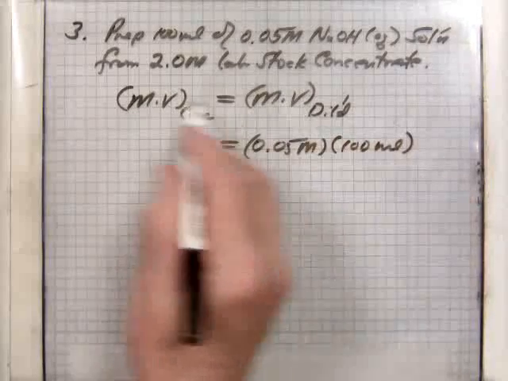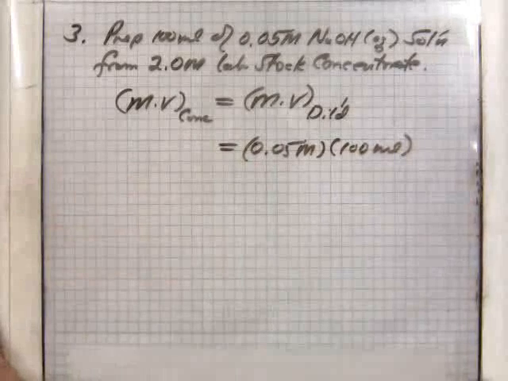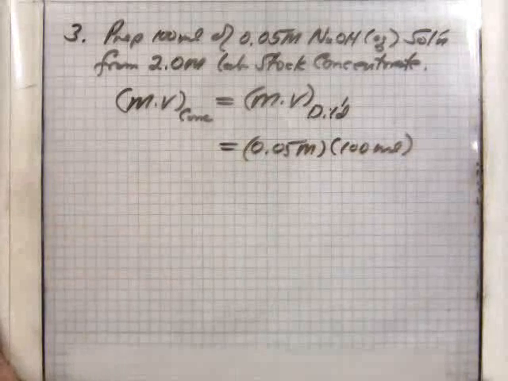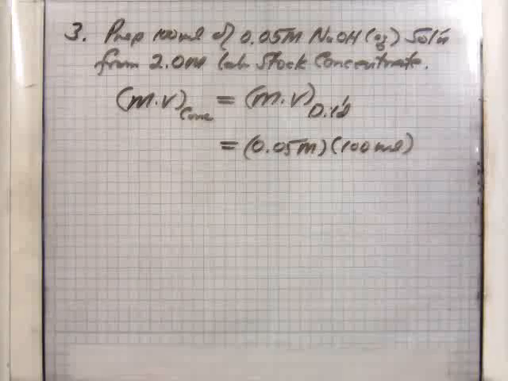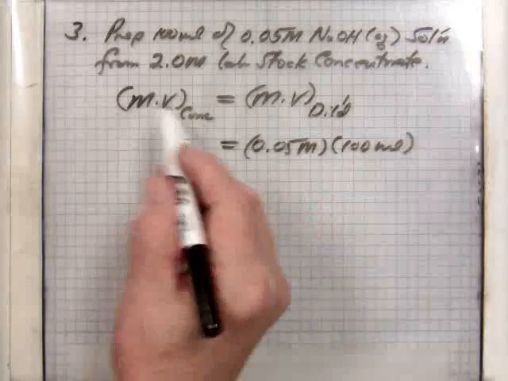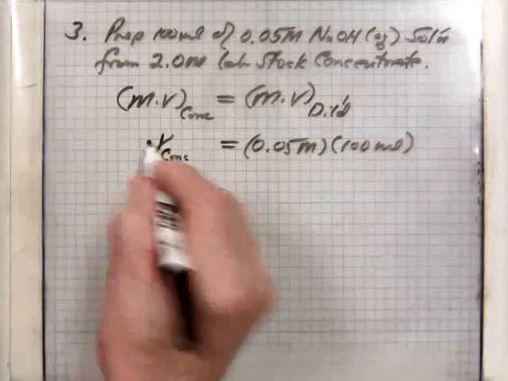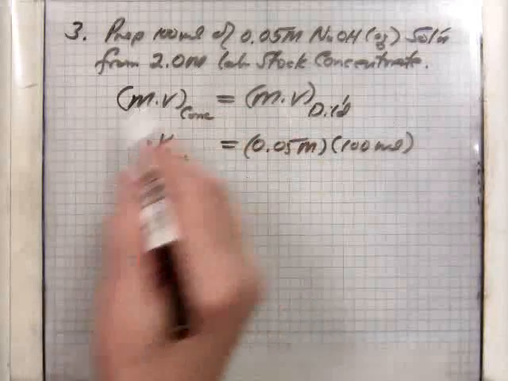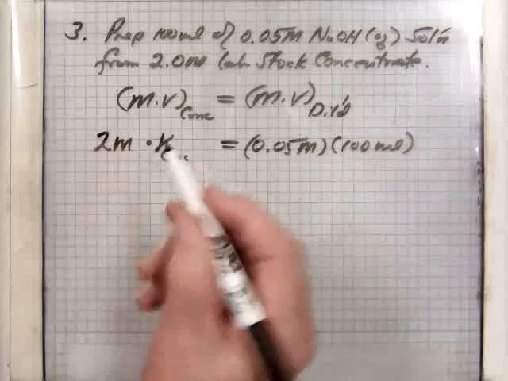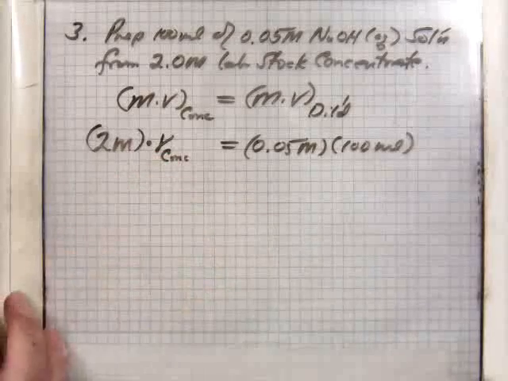Because the units are the same on both sides, you can leave it in milliliters. You do not have to use liters here. The volume is the unknown. Volume of the concentrate is what we're trying to calculate, times the molarity of a 2 molar stock solution.